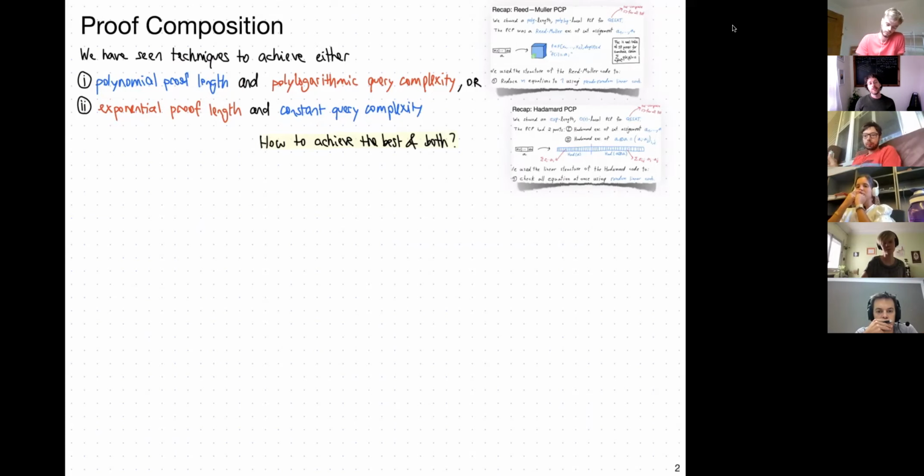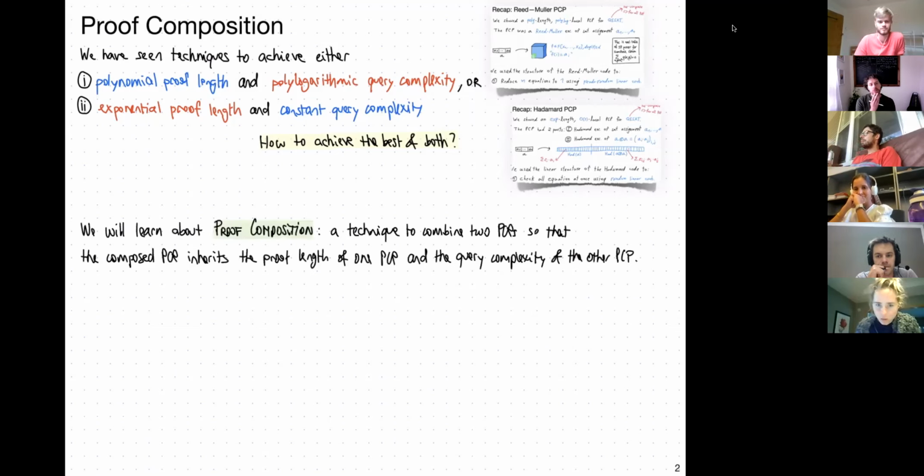Okay, so as you can imagine, we have proof composition. But what is proof composition? We'll see that this is a nice technique where we take as a black box an outer PCP and an inner PCP, and we'll merge them together in a way that will inherit the length of the outer PCP and the locality of the inner PCP.